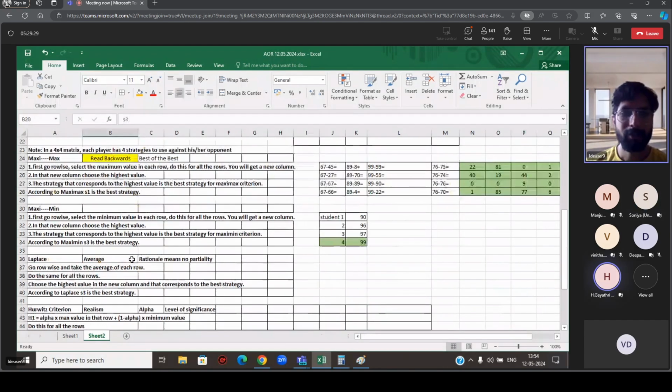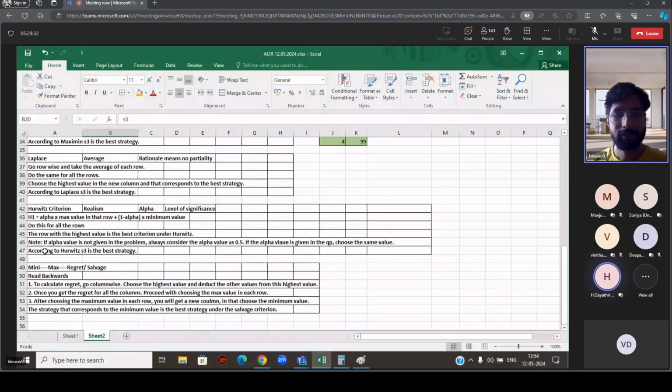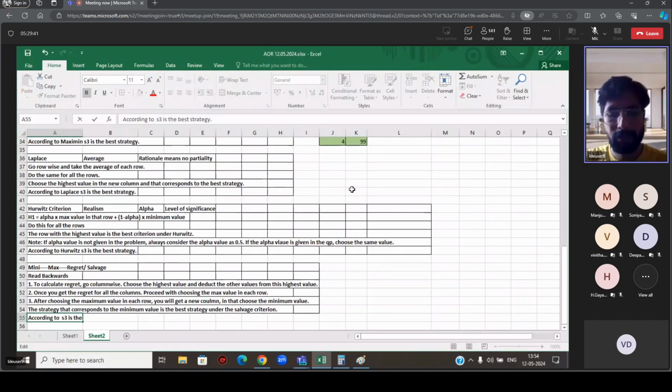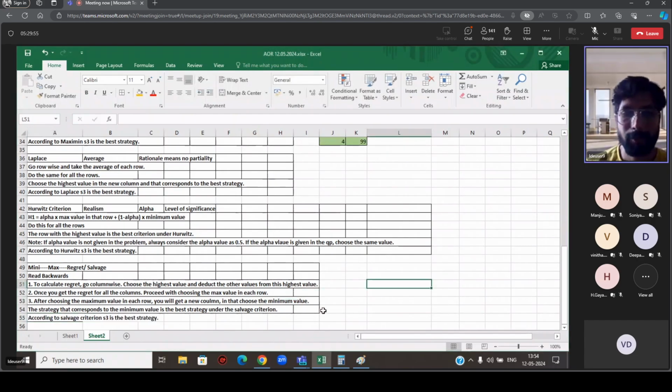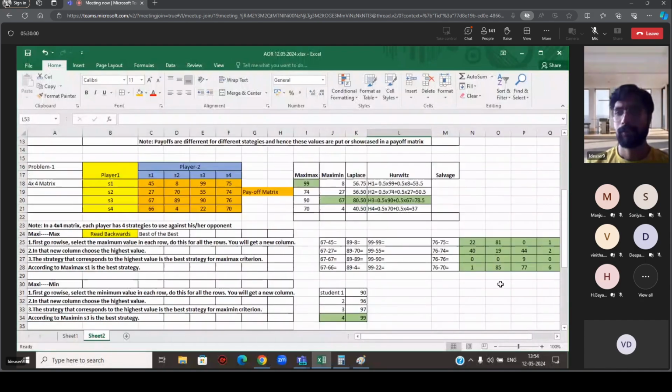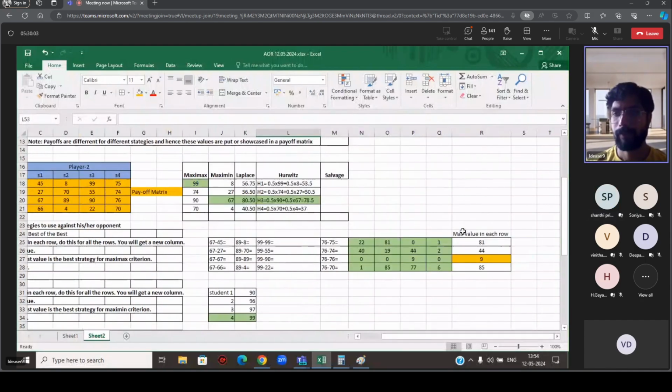So according to the salvage criterion, S3 is the best strategy. Do you understand? So this corresponds to S3. S3 is the best strategy.